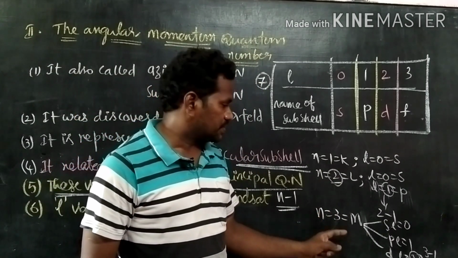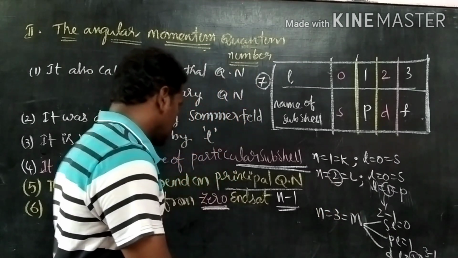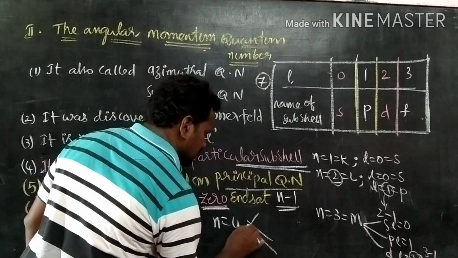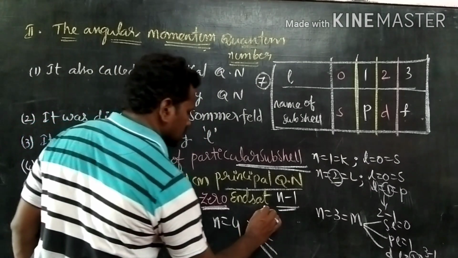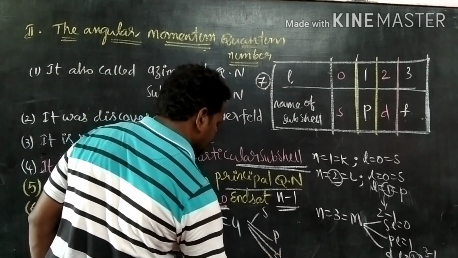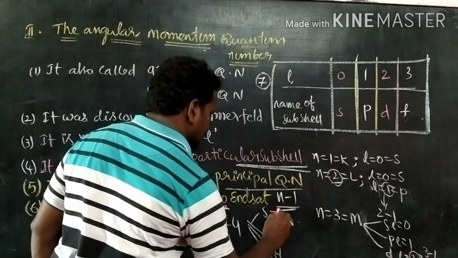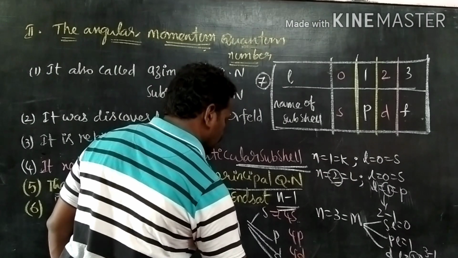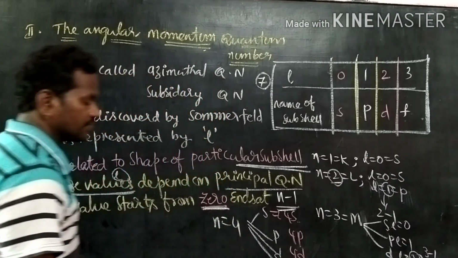Once again, check the representation. For example, if n equals 4, how many sublevels are there? 4 sublevels: S, P, D, F. They are represented as 4S, 4P, 4D, 4F.